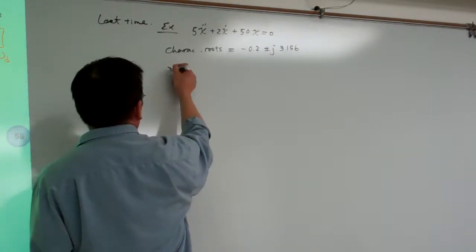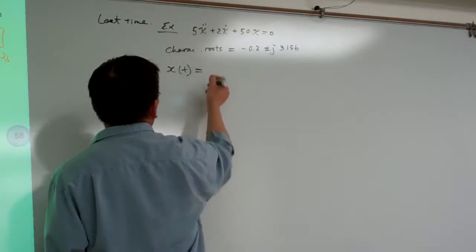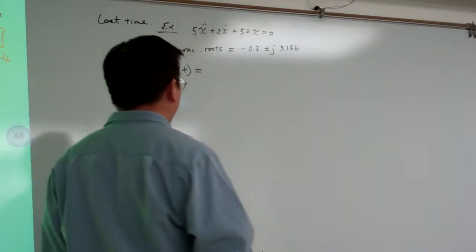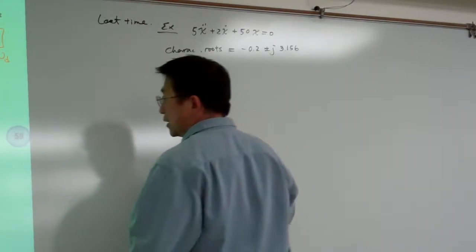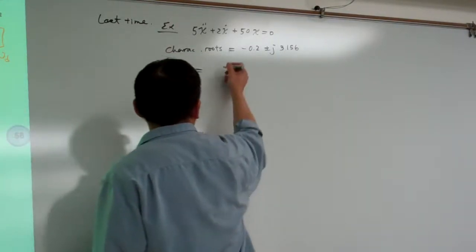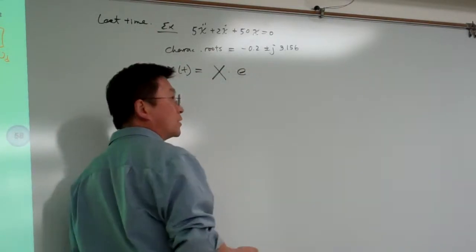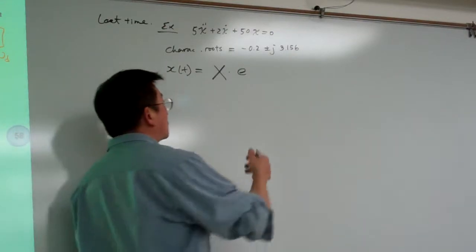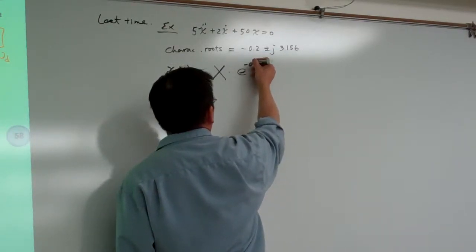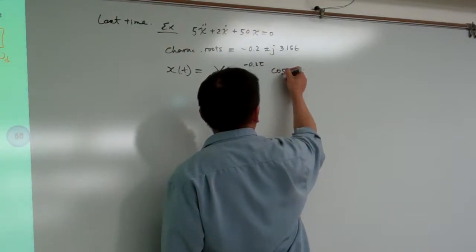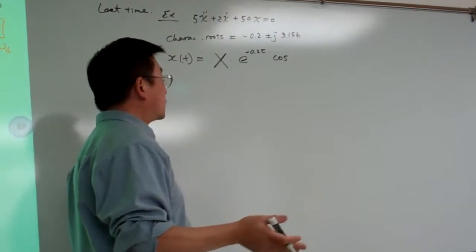From here we can plug into this template and exercise again. Let me exercise the first form, the magnitude with exponential decaying. The decay rate is governed by the real part, minus 0.2, times cosine, the sinusoidal oscillation.